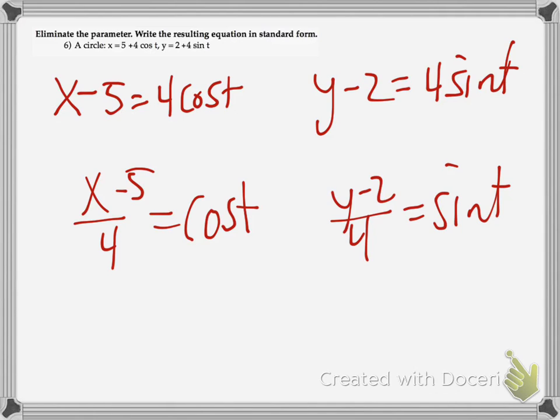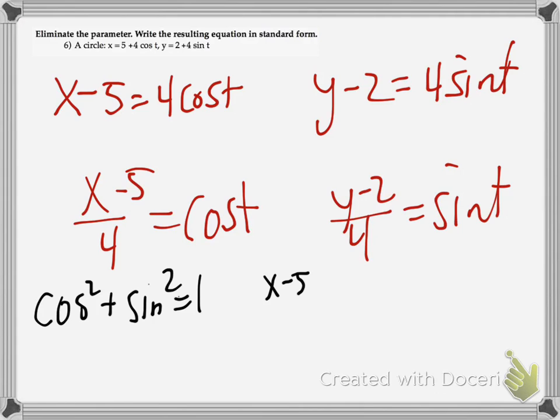And then, guys, your Pythagorean identity is sine squared plus cosine squared equals 1. Actually, we have to write it just a tiny bit differently, and the only reason is because we want to write it in terms of a circle. So we're going to write it cosine squared first plus sine squared equals 1. The reason being, remember, circles are x minus something squared plus y minus something squared equals 1. So we write this as an x minus 5 quantity squared over 16.